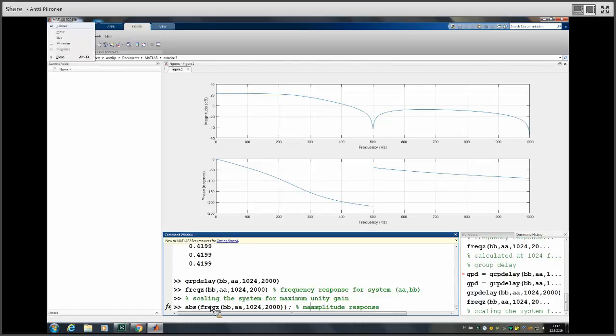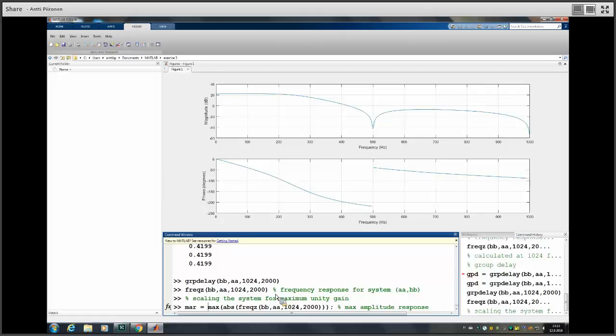Maximum of amplitude response. Right. Then we just need to save the value. Max amplitude response, MAR, equals the max of absolute value of frequency response.